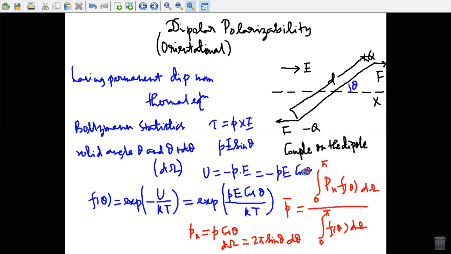Thus the potential energy is a function of angle. Despite the minimum energy condition, that is theta equals 0, all the dipoles do not point in the direction of the field because of thermal agitation.